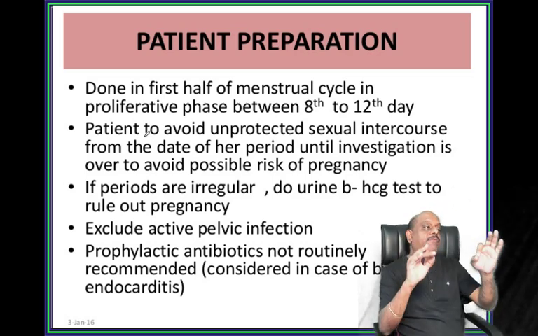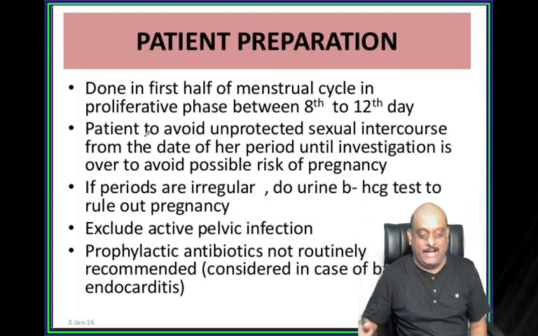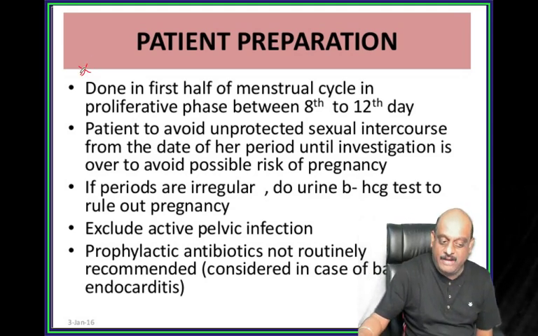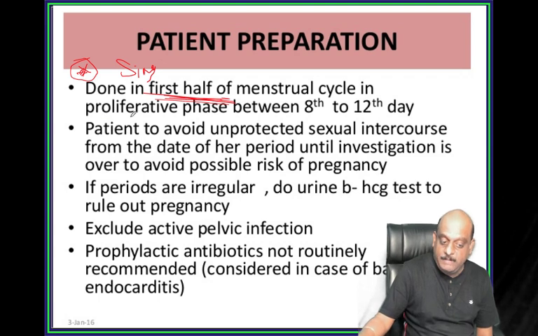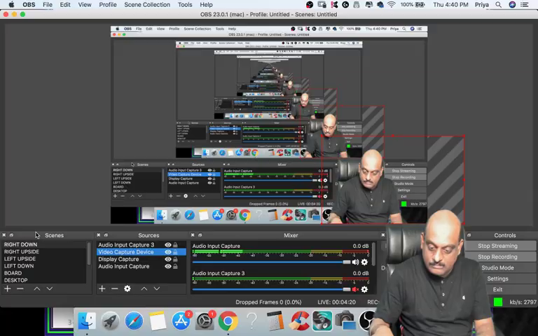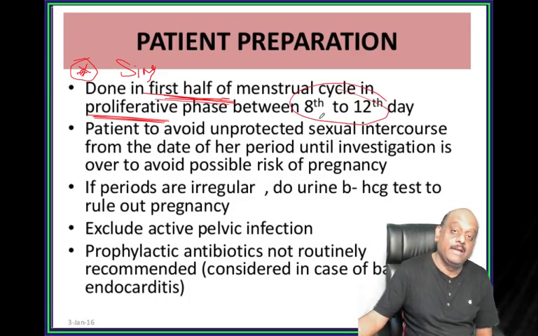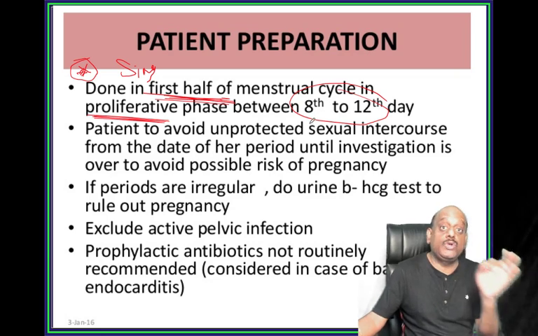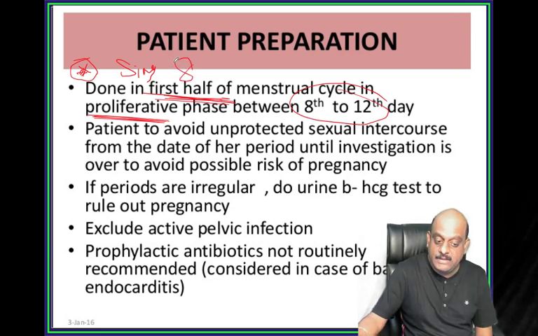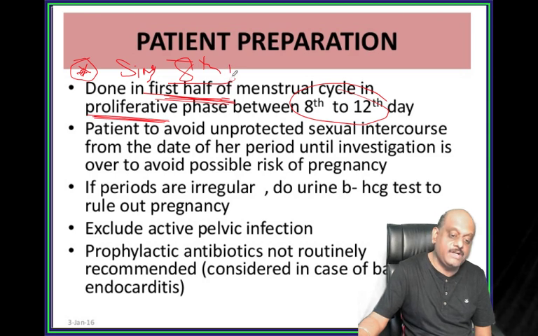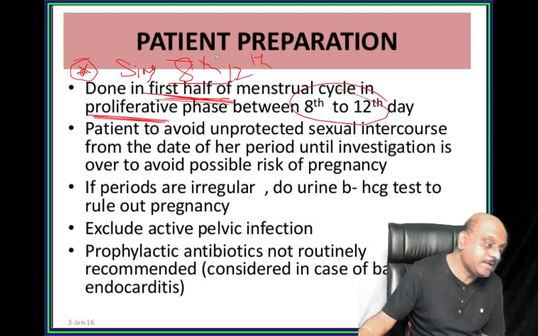So typically, when do you do hysterosalpingogram? That is the favorite single liner of the examiner. First half of the menstrual cycle, in the proliferative phase, between 8th to 12th day is the best time to do hysterosalpingography.